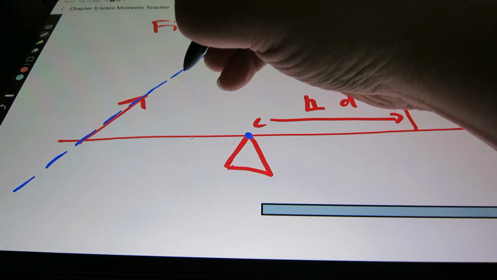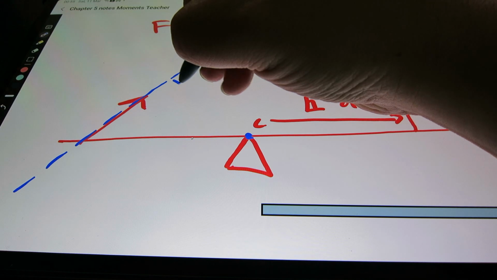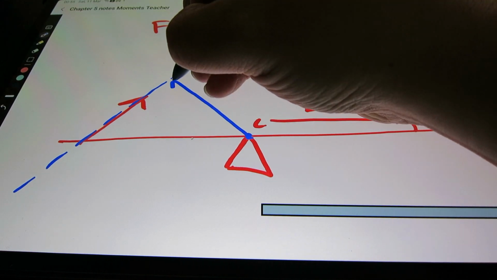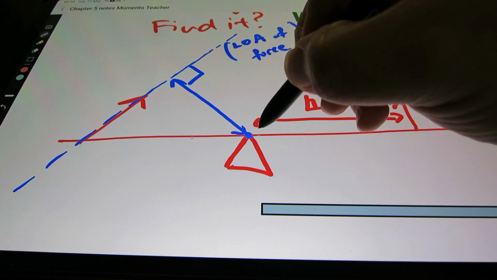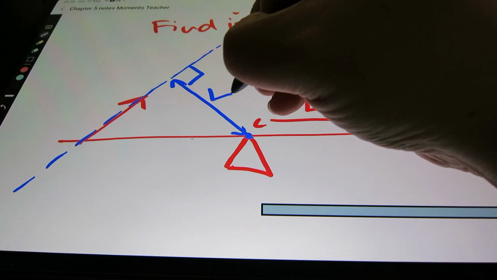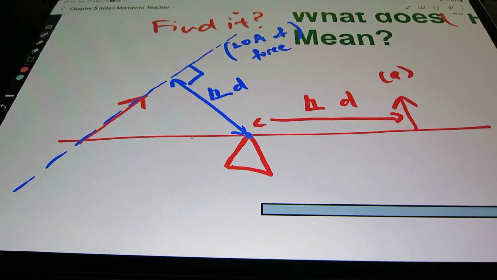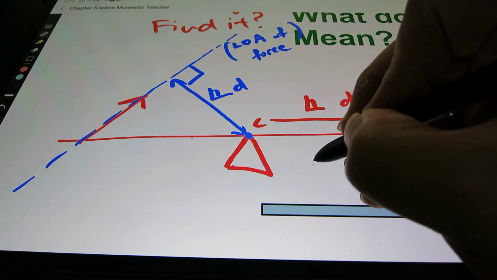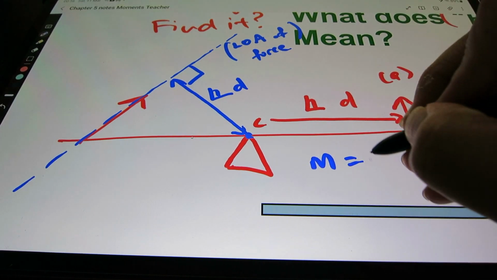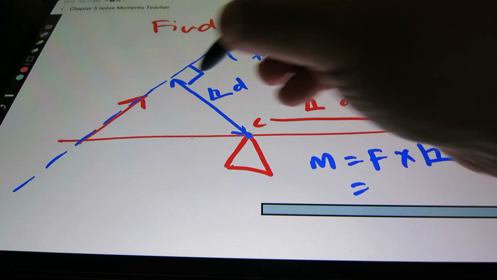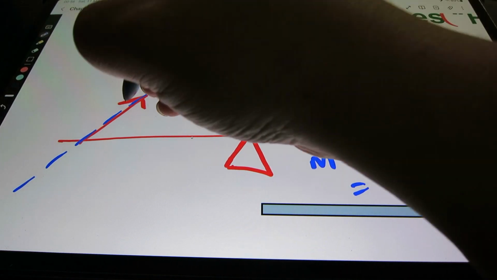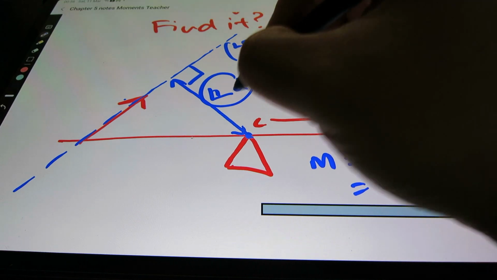And the shortest distance is found by forming a line that is 90 degrees to this line, while also hitting the pivot. When I do this, I identify the perpendicular distance. Therefore, I can then use the formula moment equals force times perpendicular distance in calculation of the moments. But the perpendicular distance for this force is using this.